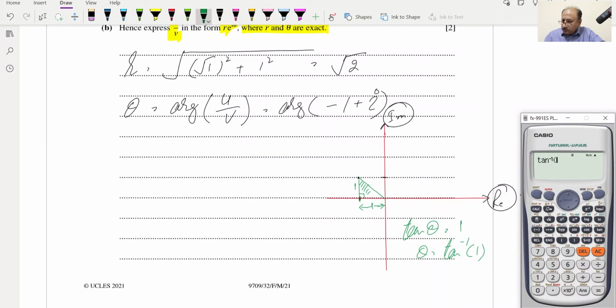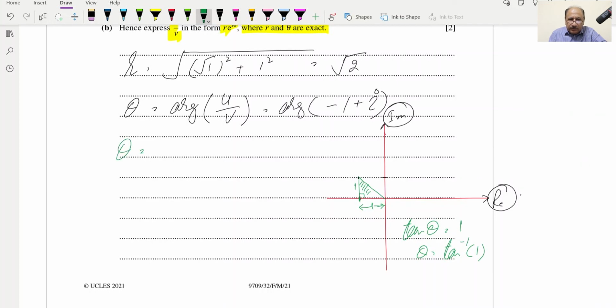Shift tan of 1, and this is equal to 45 degrees, or in terms of pi it will be pi/4. So we can write theta will be equal to pi minus pi/4. So this will be our theta value, which is pi minus pi/4.